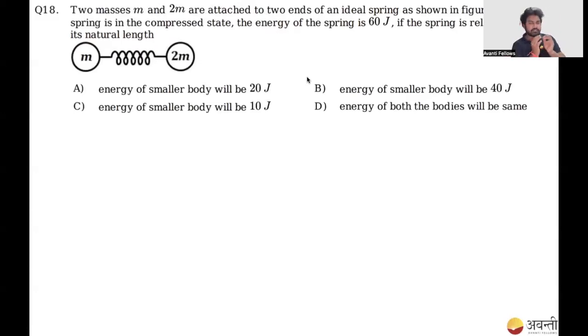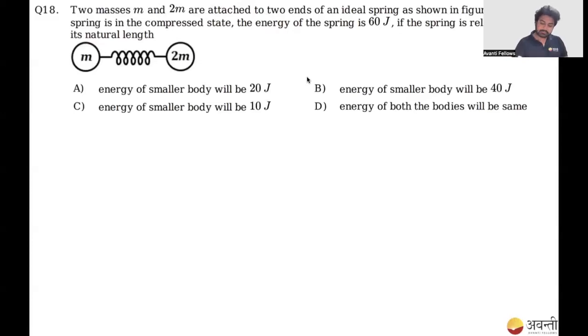First of all, conservation of momentum, because there is no external force acting on this system of two masses. And secondly, we can use conservation of energy, because there is no loss of energy in any form. There is no friction, there is no air drag, so there is no loss of energy.